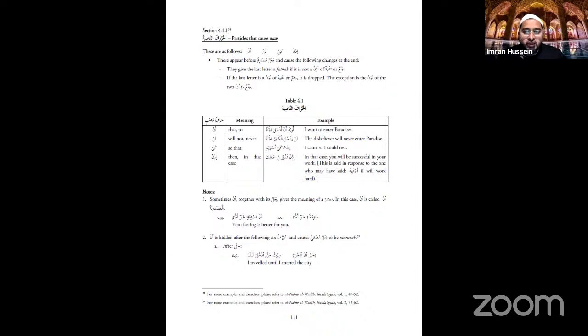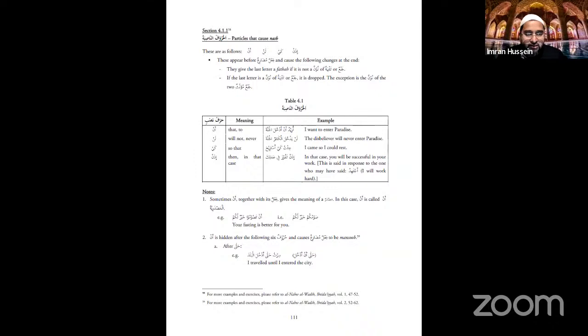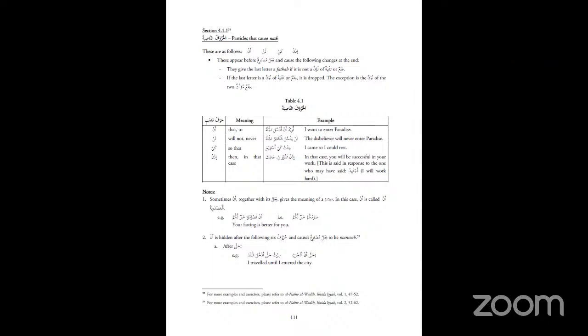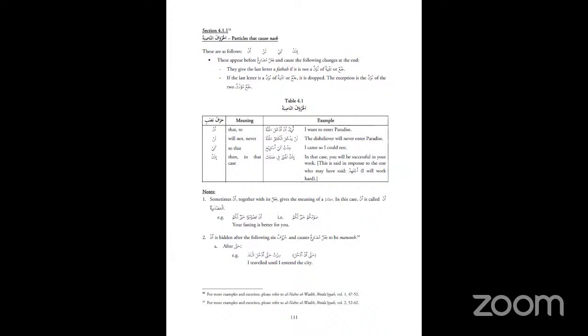Is it yalidu or yalid? Yalid. It's a sukun. Exactly. So these are the three states of the present tense: halatul raf, when it ends with a dhamma, halatul nasb, when it takes a fatha, and halatul jazm, when it takes a sukun.